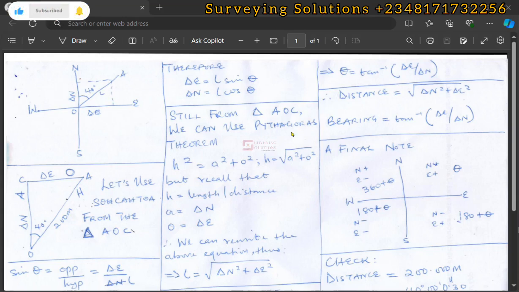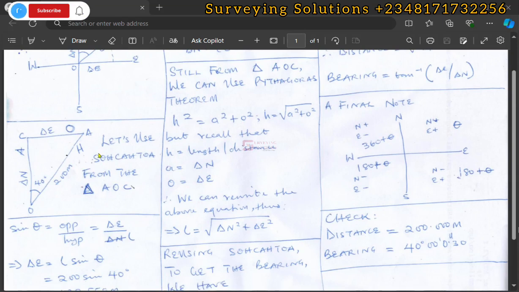It states that the square of the hypotenuse is equal to the sum of the squares of the other sides. We denote it as h squared, the hypotenuse squared, equal to a squared plus o squared, right? Good. It's actually very simple as that.